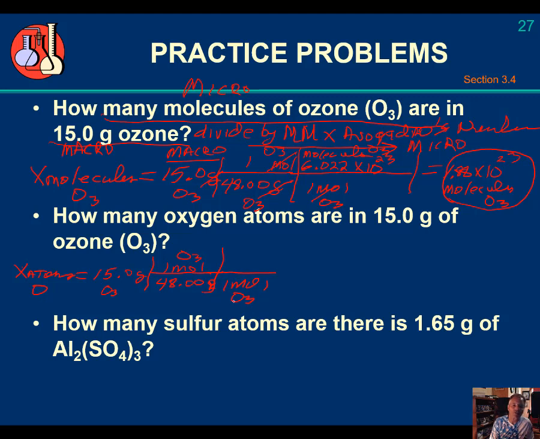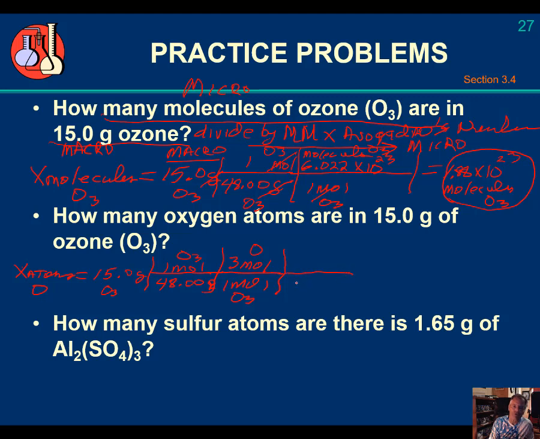And you can see that it's 3 moles to 1 mole, since there are 3 moles in 1 mole of ozone. So I could say there are 3 moles of oxygen. Now, I could have gone from moles of ozone to molecules of ozone, and then I could have gone from 1 molecule of ozone to 3 atoms of oxygen. And it would have worked out exactly the same way.